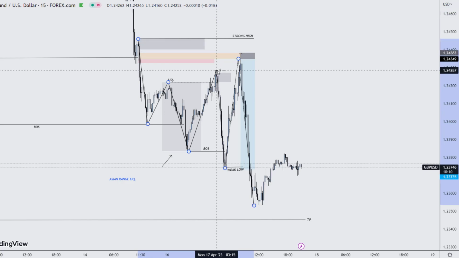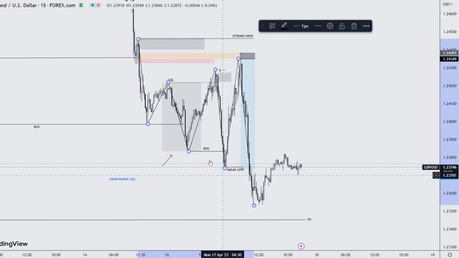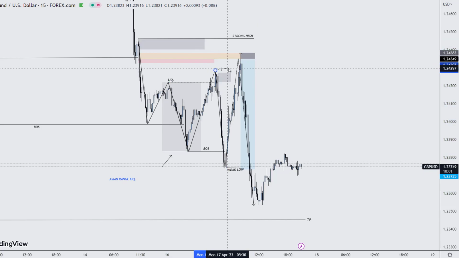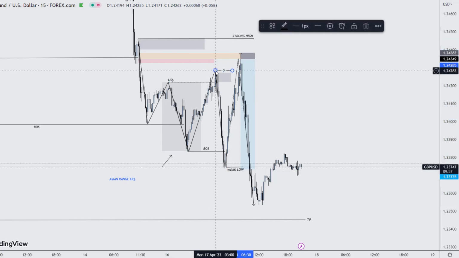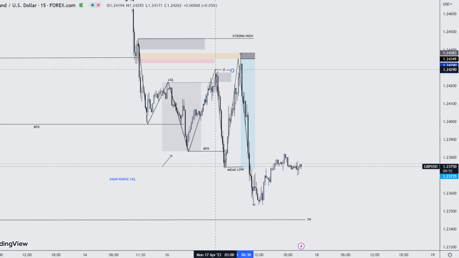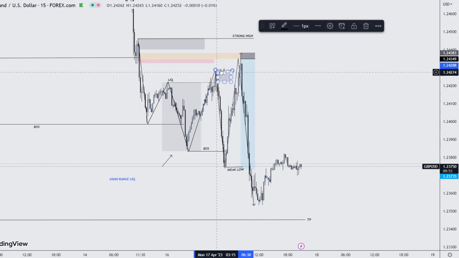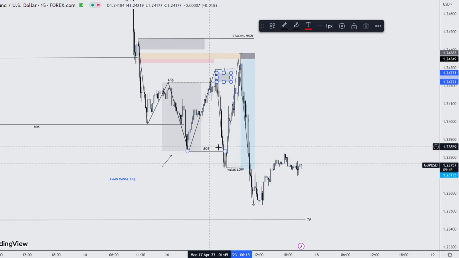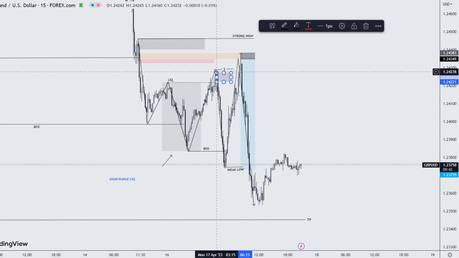So it got stopped right here, came back down, boom, purged back down, gave us this 15-minute break of structure, and then came back up to clear this high right here because it wasn't significant, it wasn't strong, it wasn't needed. It was just a liquidity high. People were hiding their stop losses up here, and then people thought they could sell right here and put their stop loss right here because it gave them a break of structure, but it was just liquidity, right?